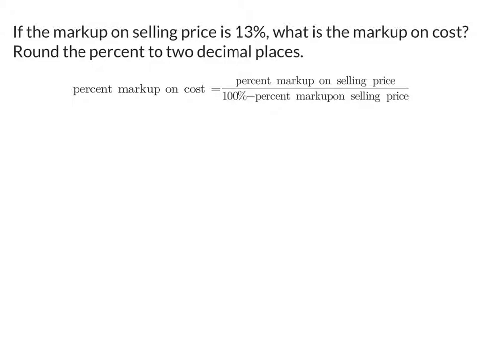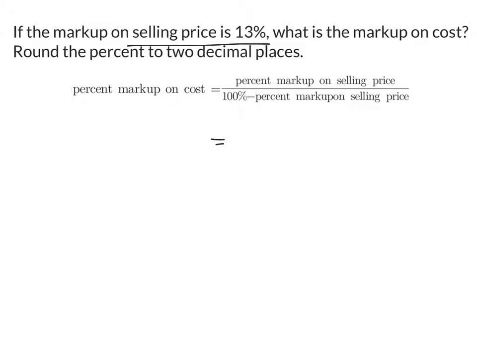Now this formula is a little different because all the values represent a percent. So we do not have to convert the percentages to decimals for this formula. So all we need to do is identify the markup on selling price, which is 13%, and then we'll just plug that into our formula.